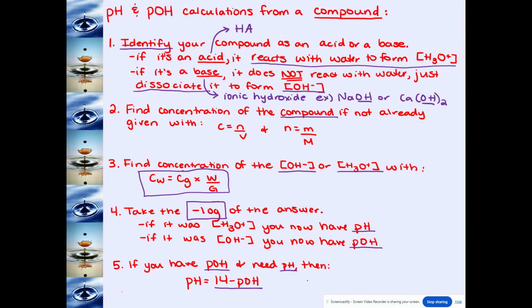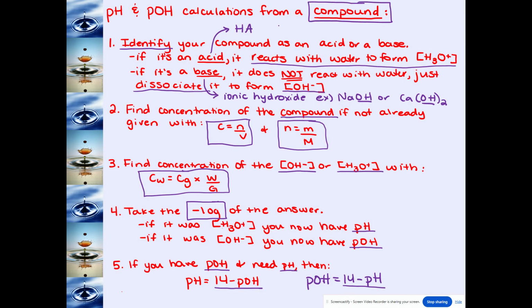Same thing if it's asking for pOH and you have pH, you can go 14 minus pH as well. So you can find one from the other by subtracting from 14. Okay? So those are all your formulas and steps required for calculating the pH when you have a compound.